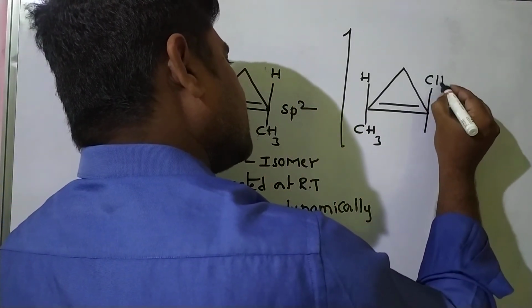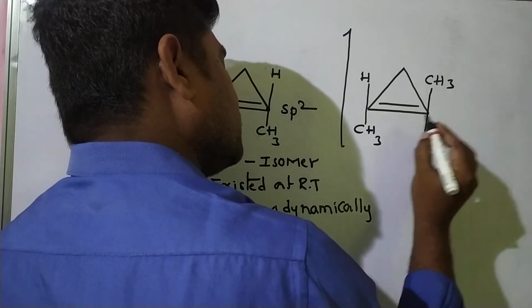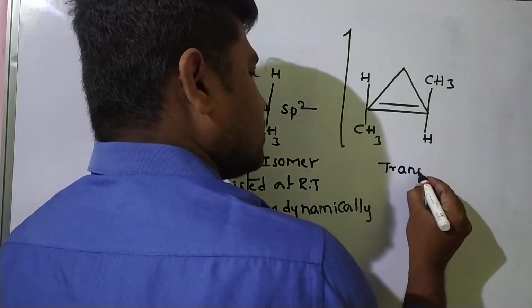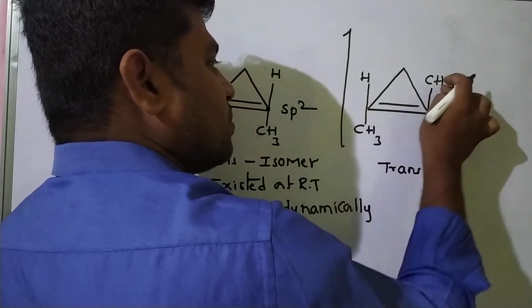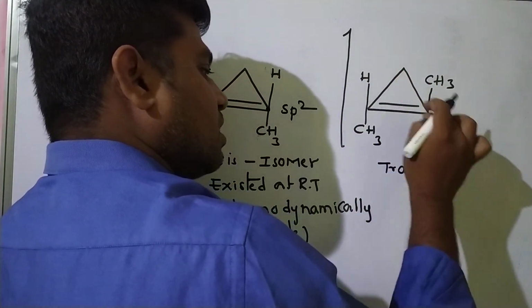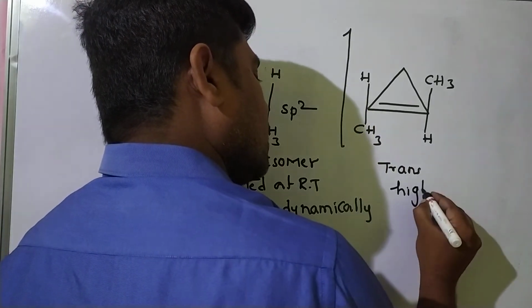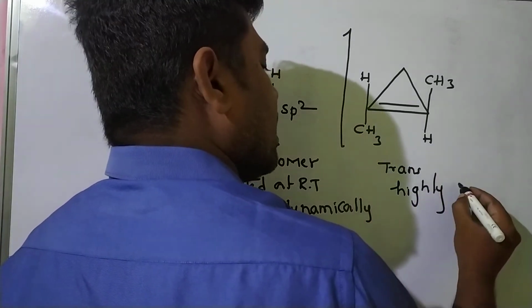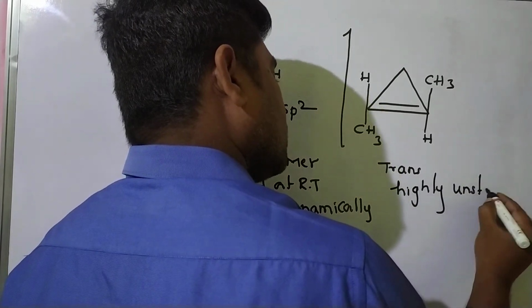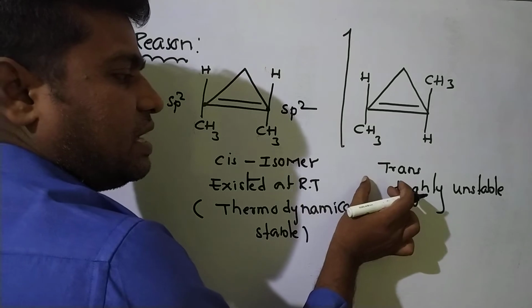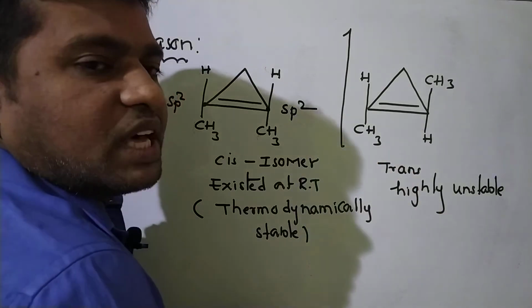So here CH3, and this is hydrogen. So this is trans, since these two methyl groups are opposite to each other and these two hydrogens also. But this is highly unstable, thermodynamically unstable.